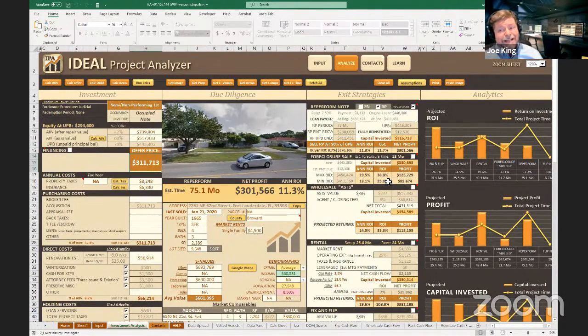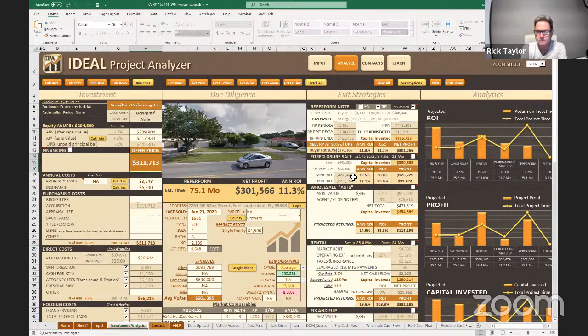Now, if you wanted to take this property back, what you would do is look at your maximum bid and set your minimum to your maximum, and that's where it would be. That's as much as you can make at foreclosure auction right there, 456,000. Why is that, Joe?